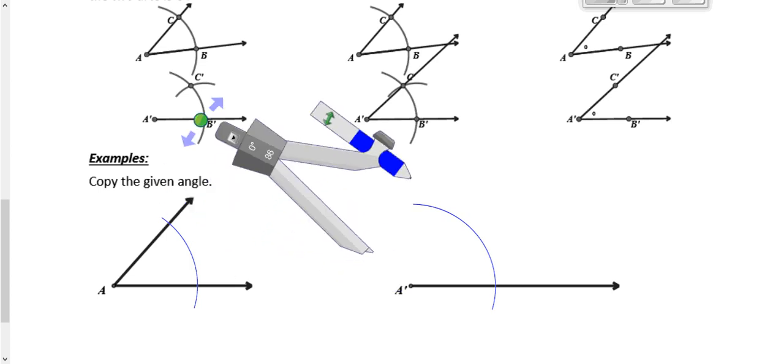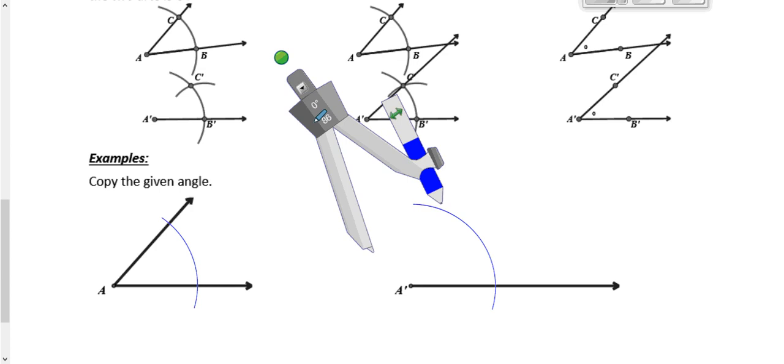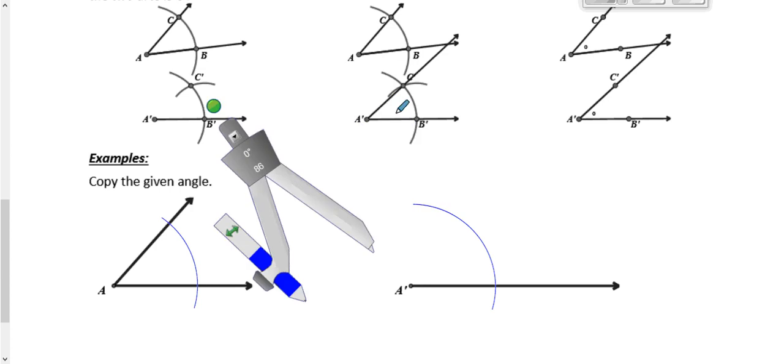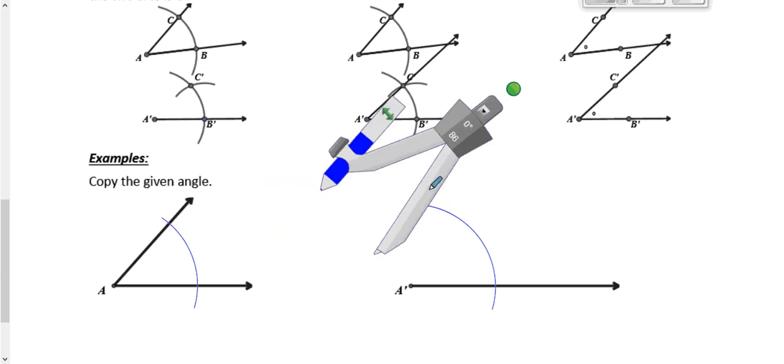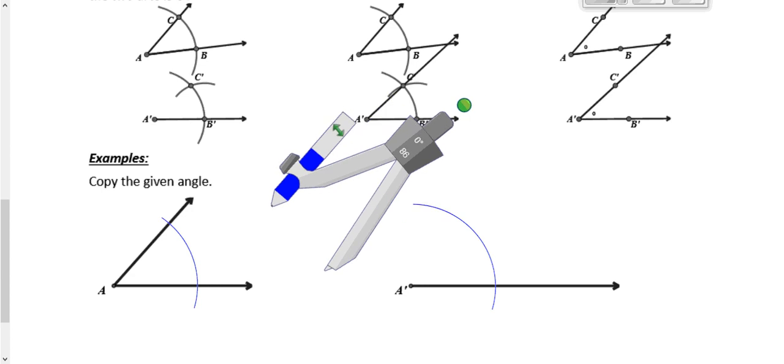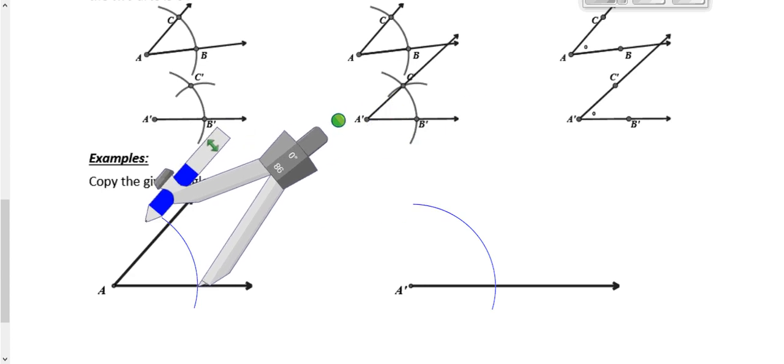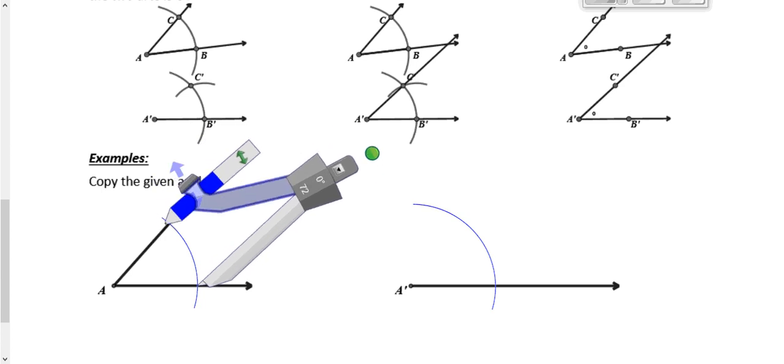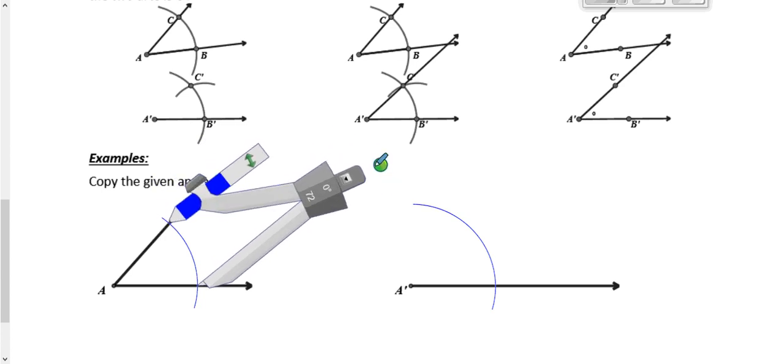Now I just need another distance. So now maybe I'm going to take my compass, see where these two intersect, measure that distance and carry it over there. Looks about right. With me?